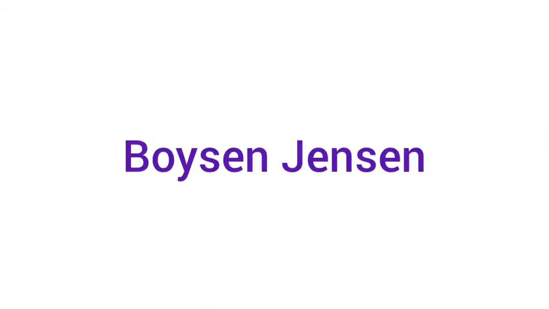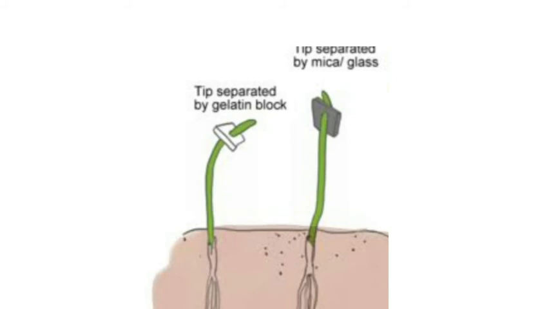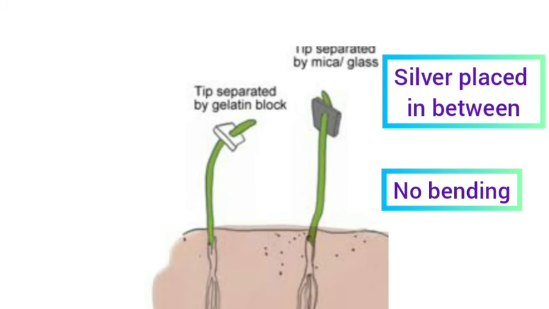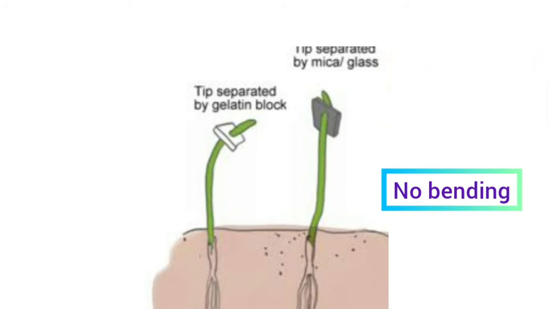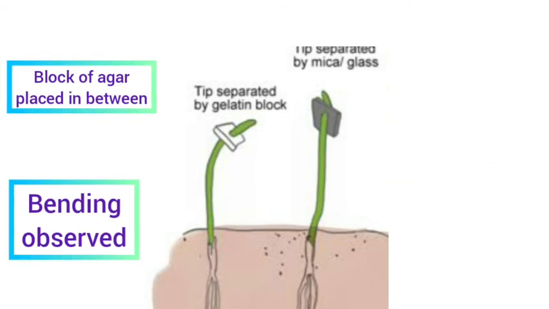Boysen-Jensen continued investigating these responses. He cut the tips of the coleoptile and placed a thin piece of mica between the tip and the lower shoot. The result was that the shoot did not grow or curve towards light. When he repeated the experiment using a block of agar, the result was that the shoot grew and curved towards light.